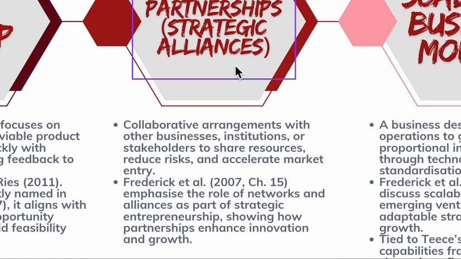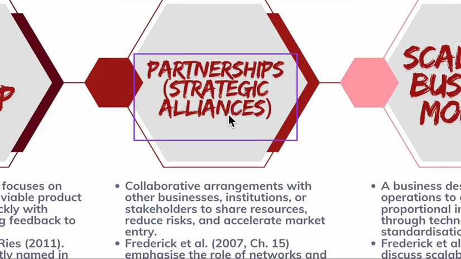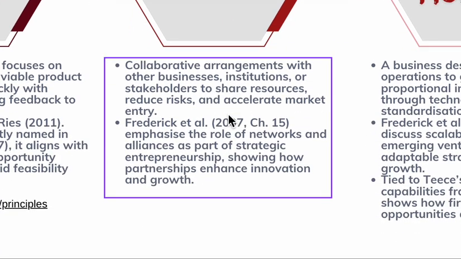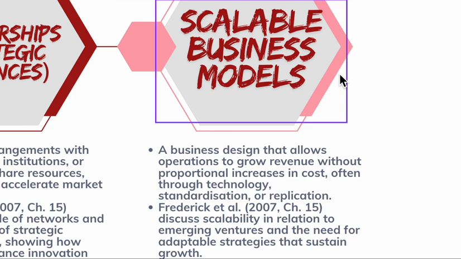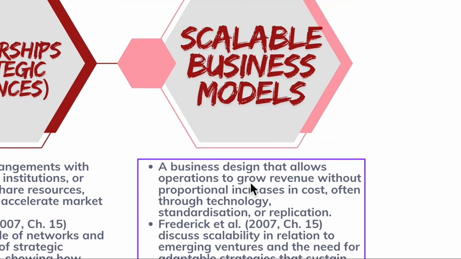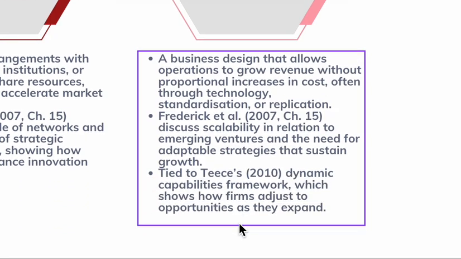Secondly, we have partnerships and alliances, where you can collaborate with other businesses, institutions or other stakeholders to share your resources and also reduce risk. And finally, a scalable business model. Here it is all about designing operations that grow revenues faster than costs.